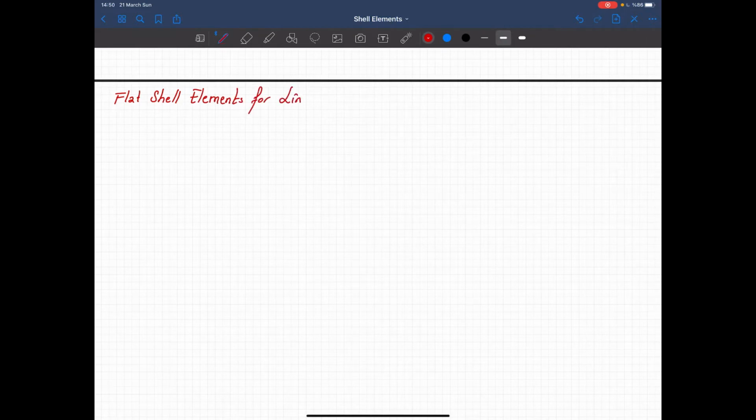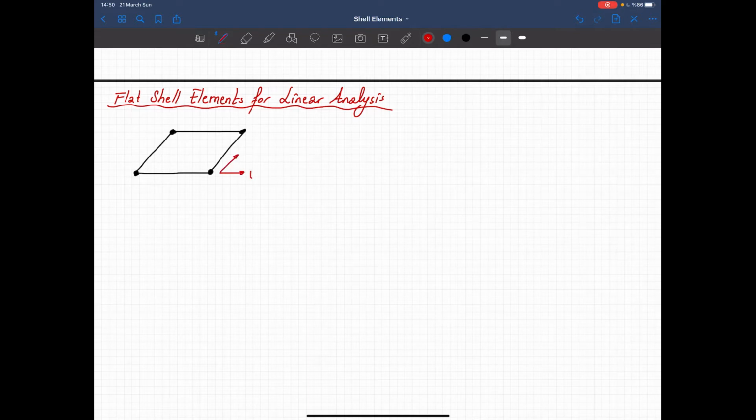For linear analysis, we will do the same thing. Now we can have a formulation for the membrane action, where we have only these degrees of freedom, ux, uy, and you can define a drilling rotation.